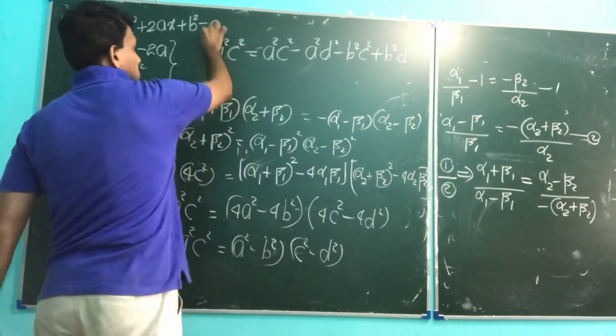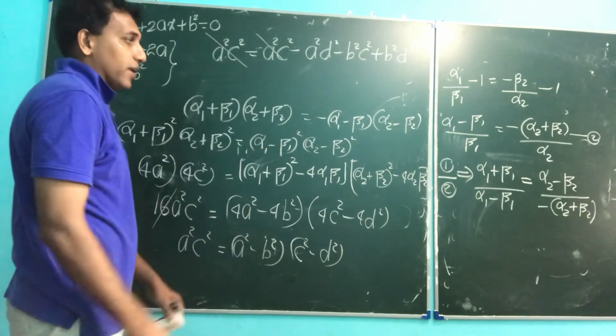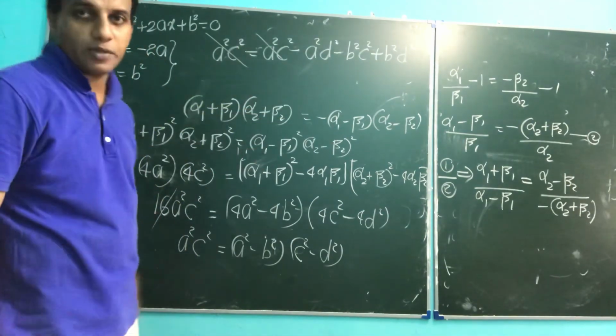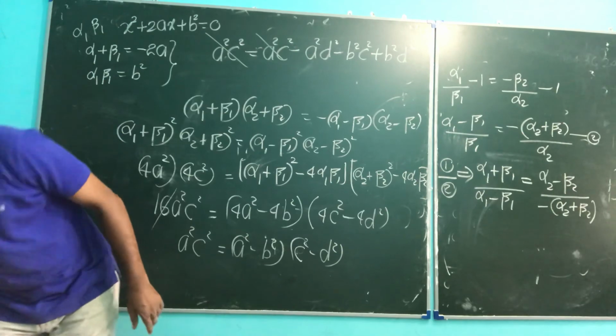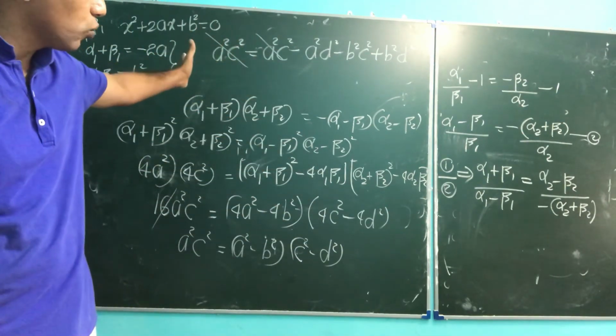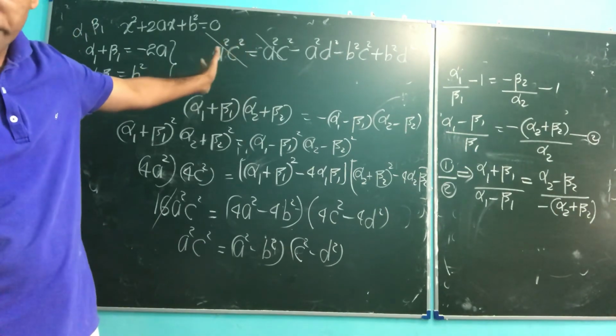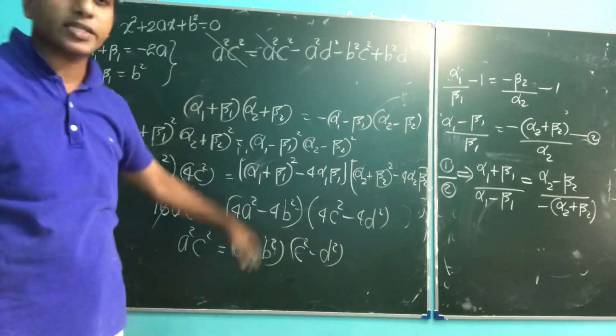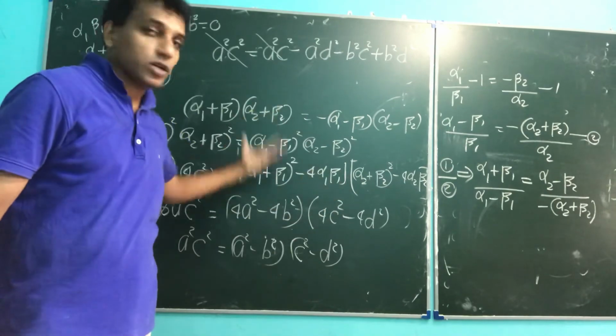Then a square c square is cancelled. Rearrange, you have the answer. So very important question. It comes b square d square equal to a square d square plus b square c square, right? Is that a useful question?